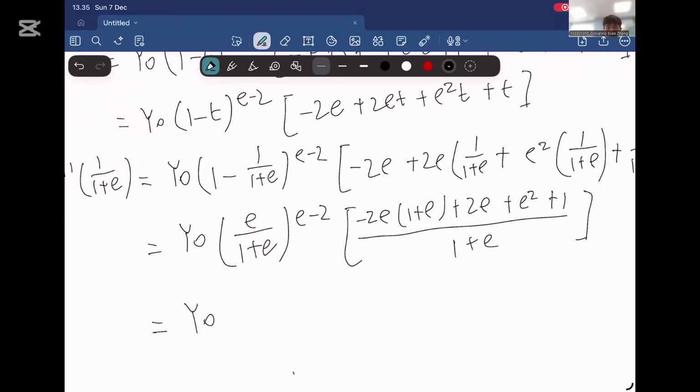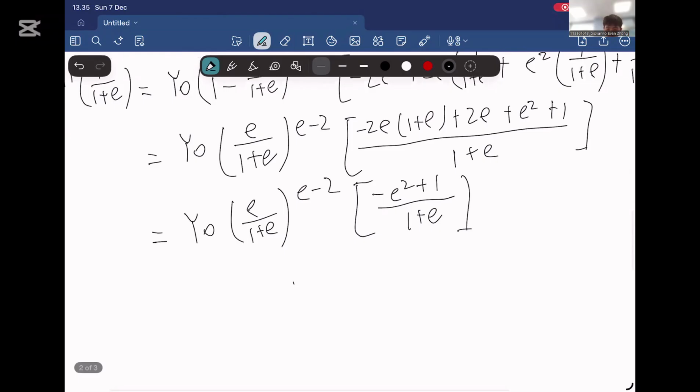Next, Y0 times (E per 1 plus E) to the power of E minus 2 times [-E squared + 1 per 1 plus E]. Next, Y0 times (E per 1 plus E) to the power of E minus 2 times (1 - E).